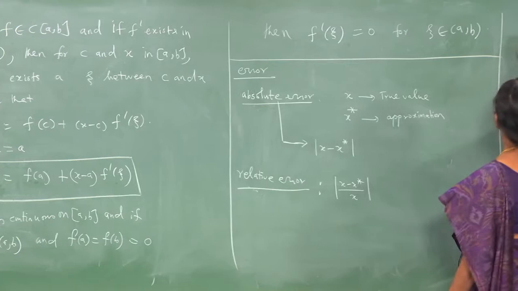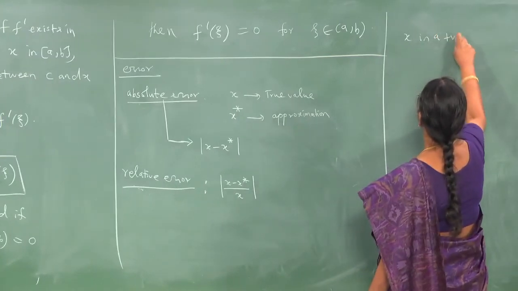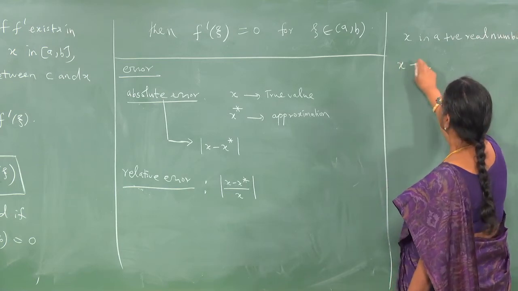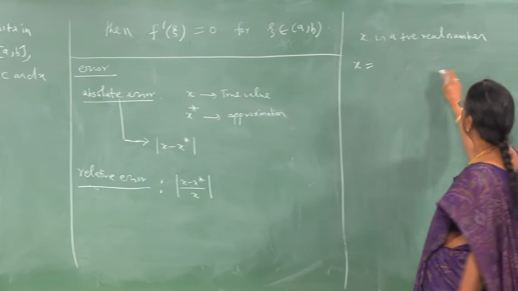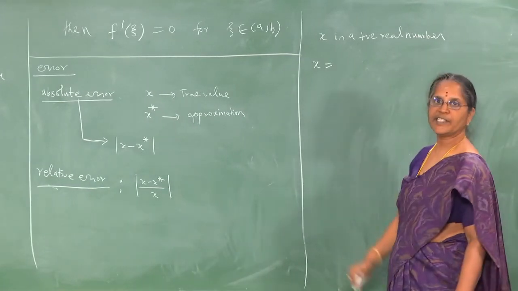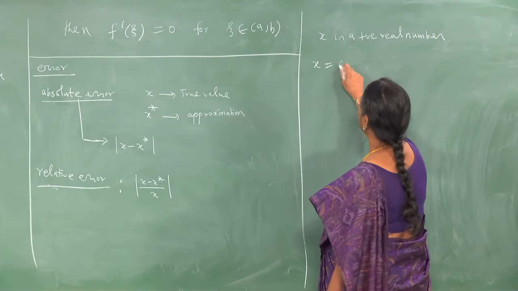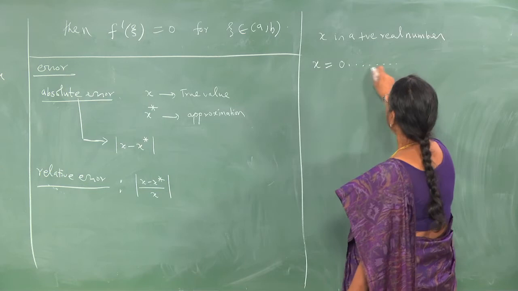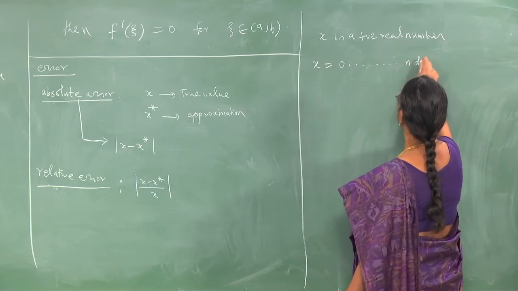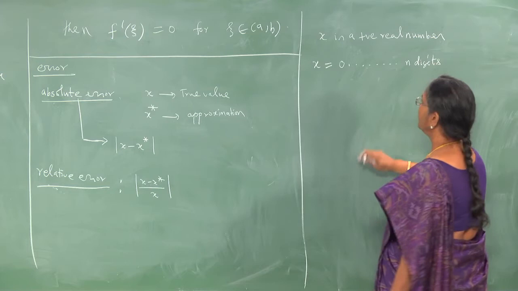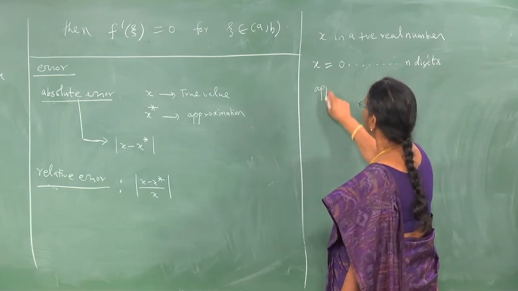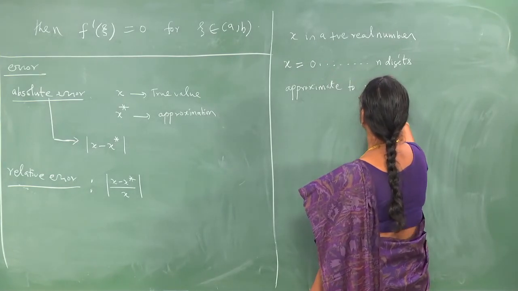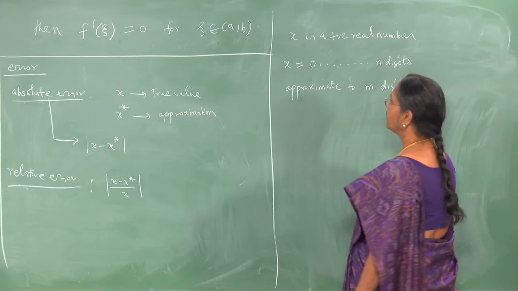Suppose x is a positive real number and I represent x by an n digit decimal representation. By that I mean that x is 0 point, and there are n digits after the decimal. So, this is a number which I want to approximate to an m digit decimal number.